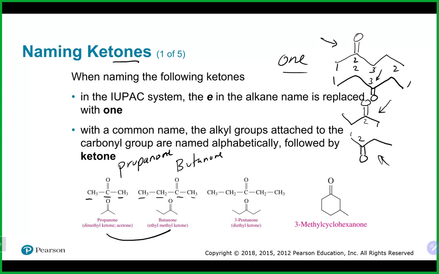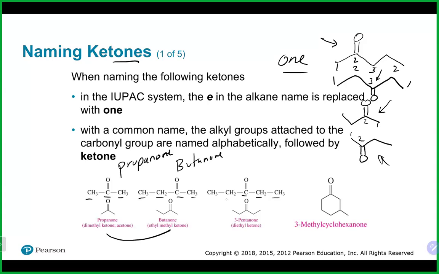So there are differences. One would be 2 and one would be 3. So with 5 or more carbons with a ketone, you have to insert the number of where the carbon-oxygen double bond is located, just like we did with double bonds, triple bonds, OHs, and all those types of things. That's where this starts. So that's how we get down here.